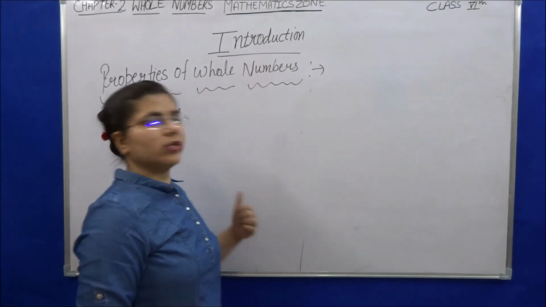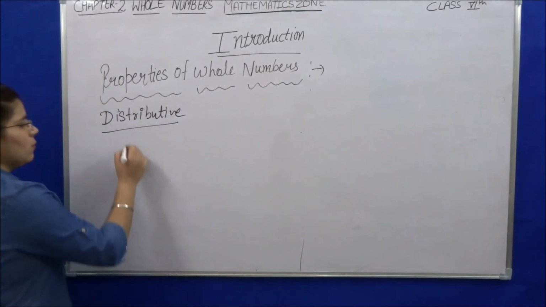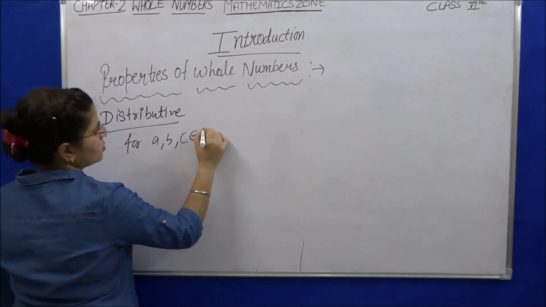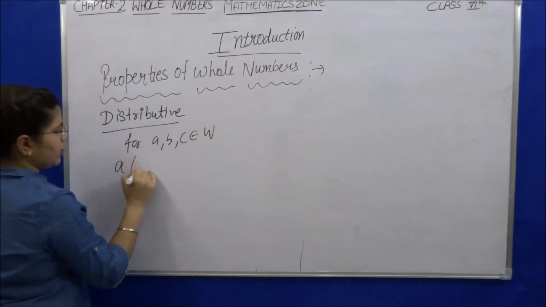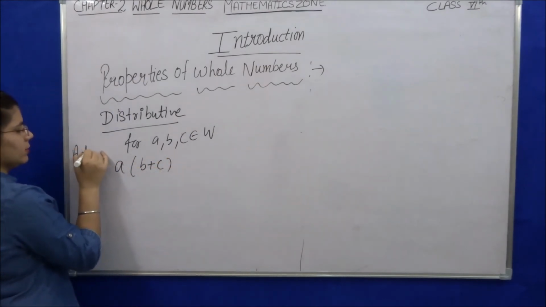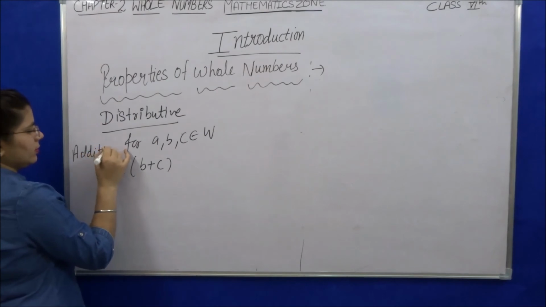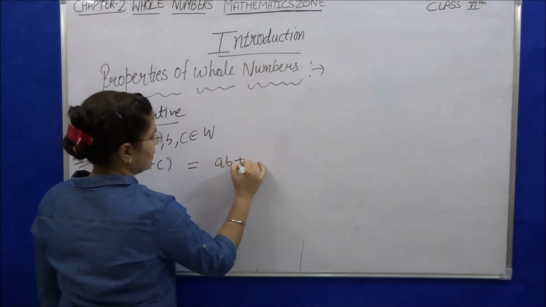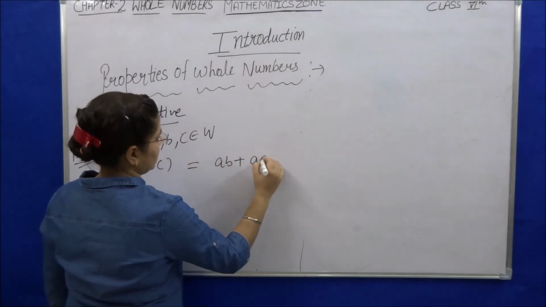Now let us do the distributive property. For some A, B and C belonging to whole numbers, A multiplied by B plus C under addition is equal to AB plus AC.